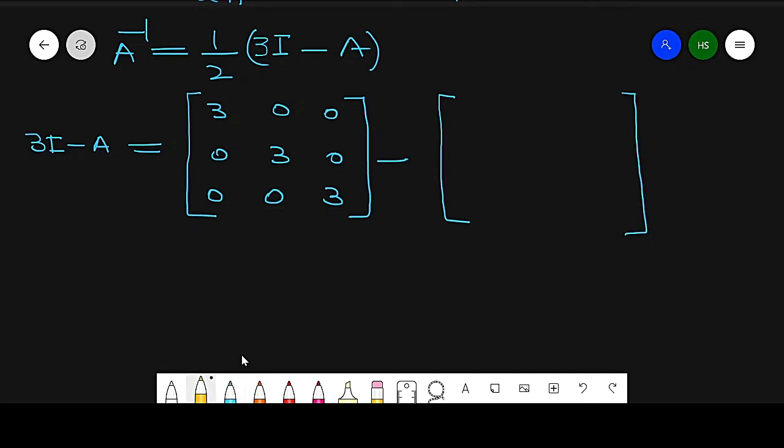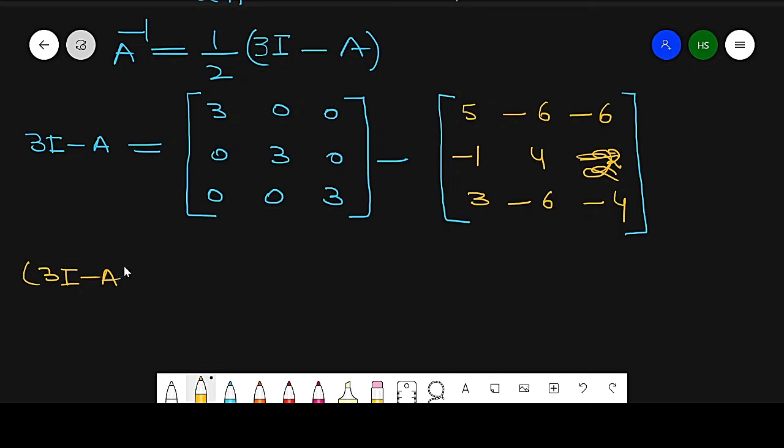We know the value of the A matrix, which is 5, minus 6, minus 6; minus 1, 4, 2; 3, minus 6, minus 4. Now this is 3I minus A.